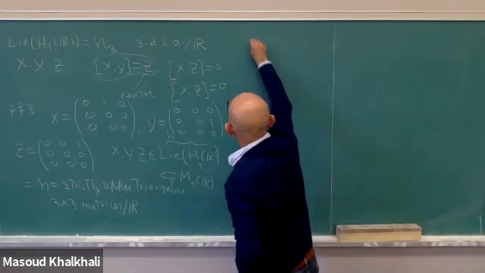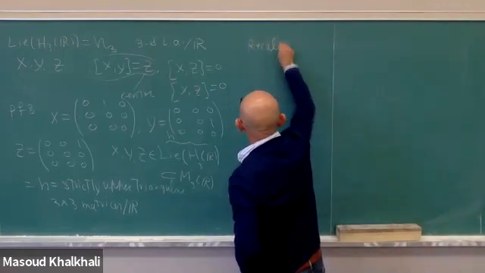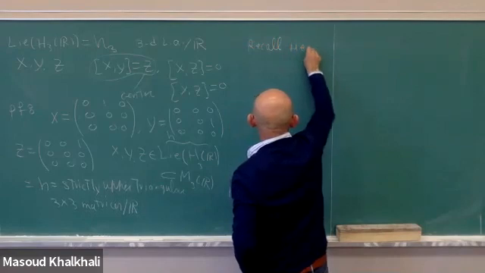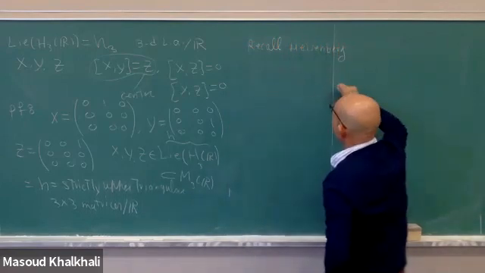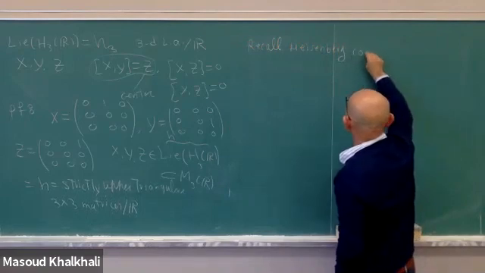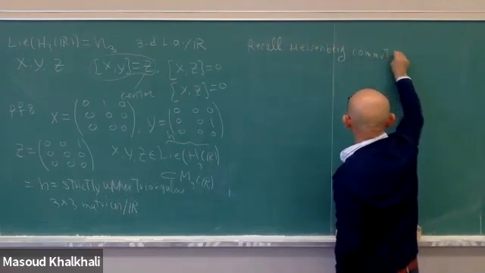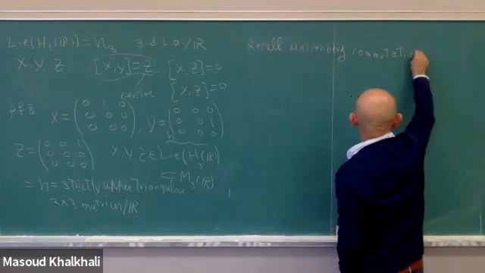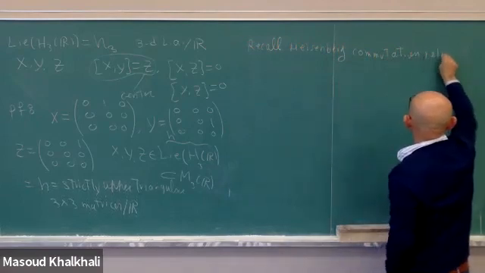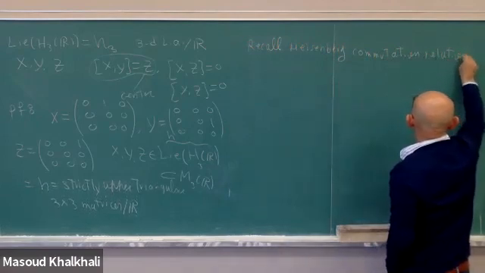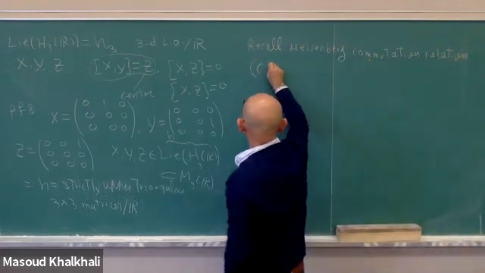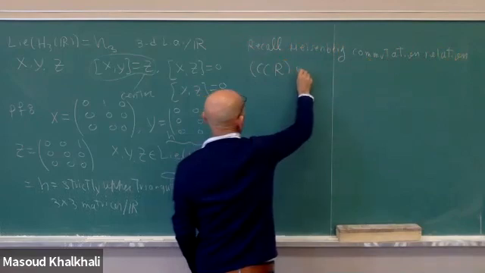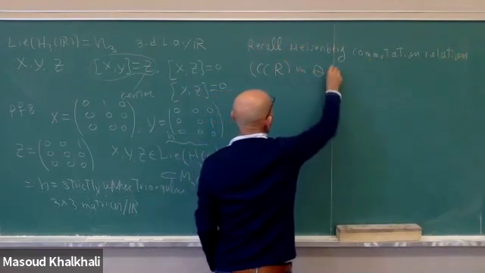So we call these Heisenberg commutation relations, or sometimes canonical commutation relations, CCR, in QM.